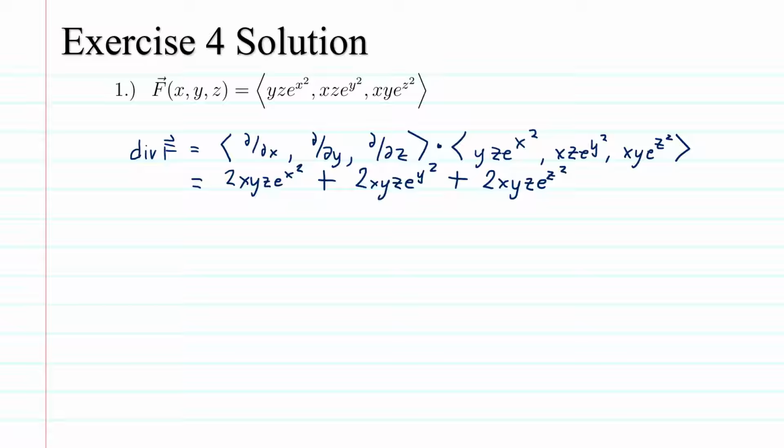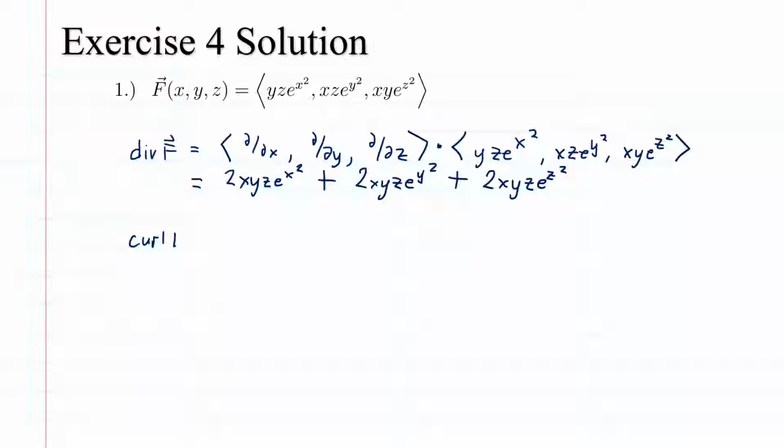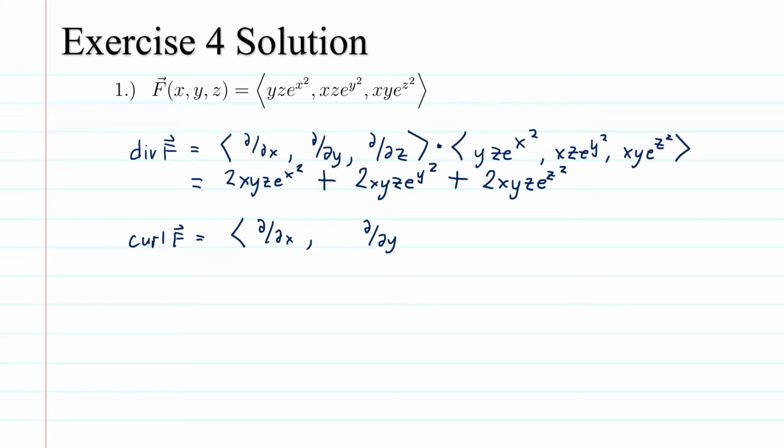Okay, next, curl f is the del, partial with respect to x, partial with respect to y, partial with respect to z. This time, we cross it with f.